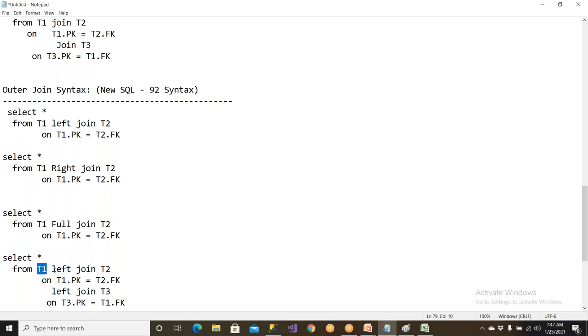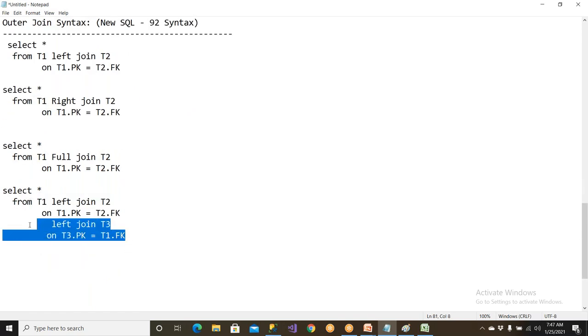You will get matched data and unmatched data from T1, and you will see some result set. With that result set, the T3 table will get joined, and to this keyword this output will be the left. So whatever output you got earlier will be taken as the left output, and matching data plus unmatched data from that output will be taken, and you're going to get this. Clear? So like that, you should be able to write.